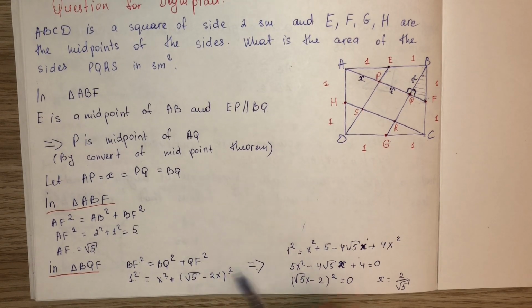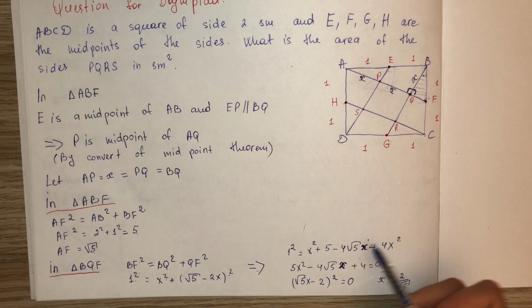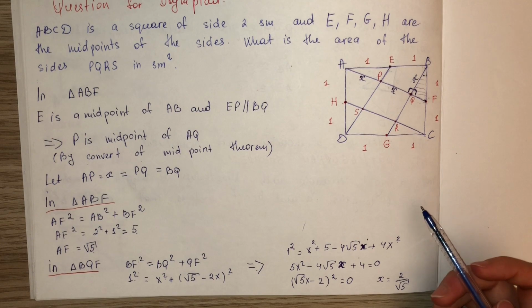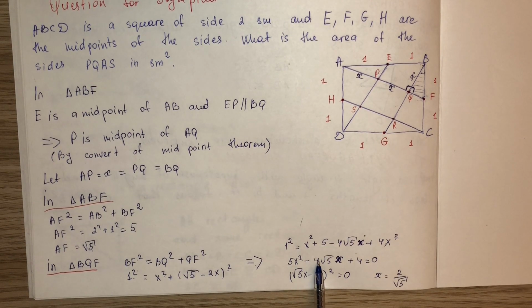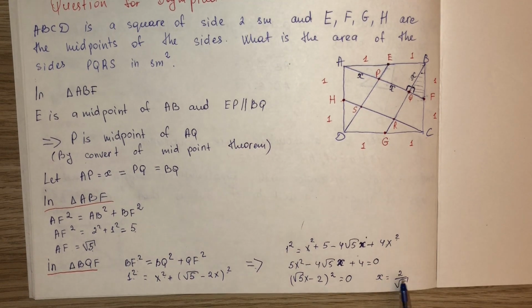Here we get that 1 squared is equal to x squared plus 5 minus 4 times the square root of 5 times x plus 4 times x squared. And if we make it simple, we get that 5 times x squared minus 4 times the square root of 5 times x plus 4 is equal to 0. Here we get the root x is equal to 2 over the square root of 5.